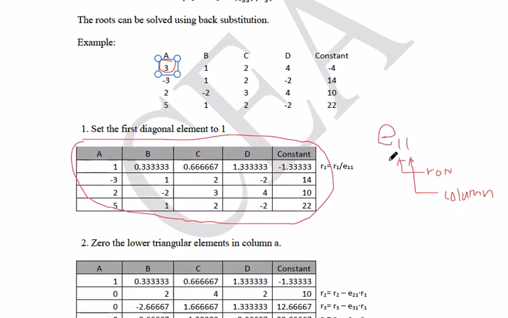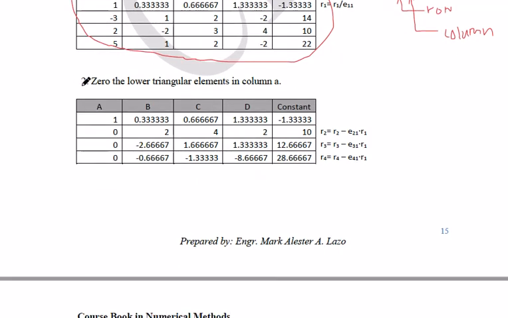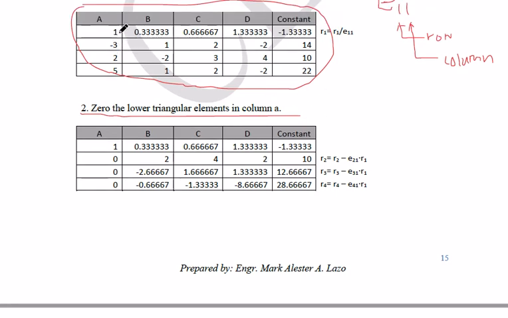Now, the second step will be to zero, or to make all the lower triangular elements in column A. That means after obtaining 1 here, we need to make all the elements below 1 to be 0. That means all the elements below 1 should be equal to 0.